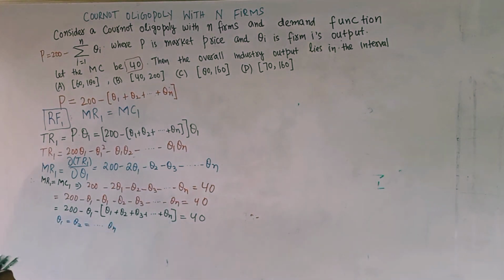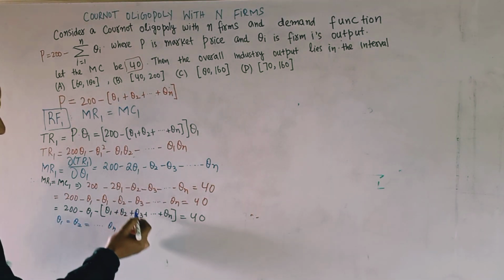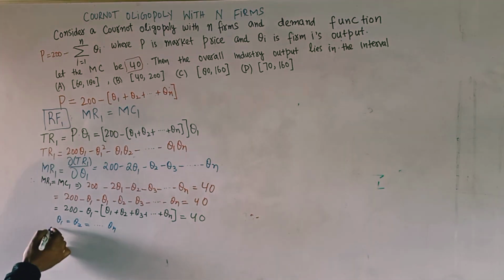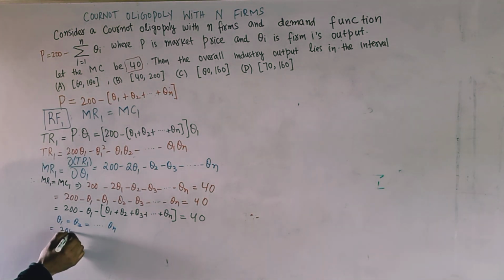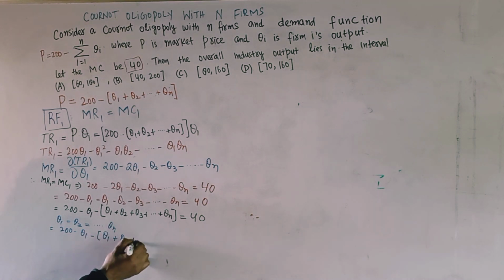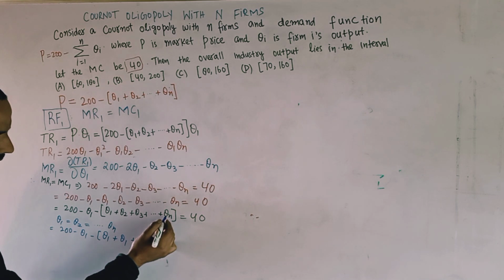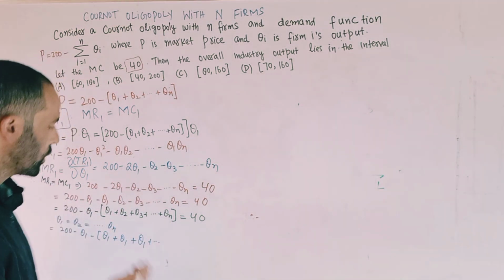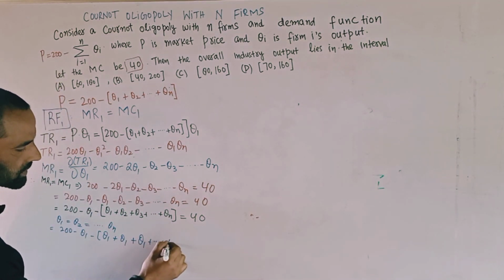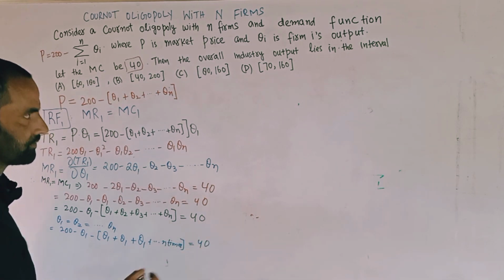So in place of Q2, Q3 up to Qn, I can write Q1, which implies 200 minus Q1 minus Q1 n times, equal to 40.